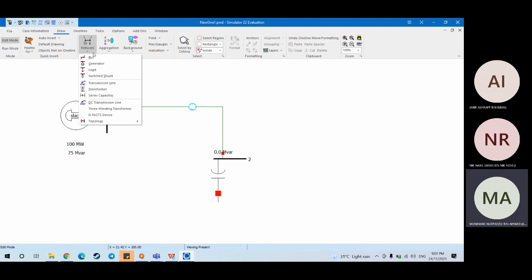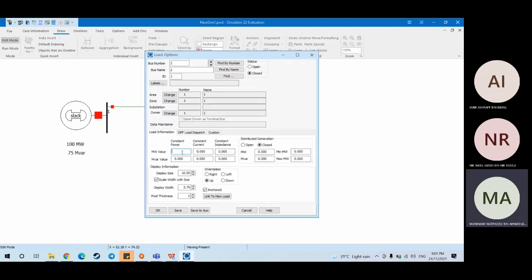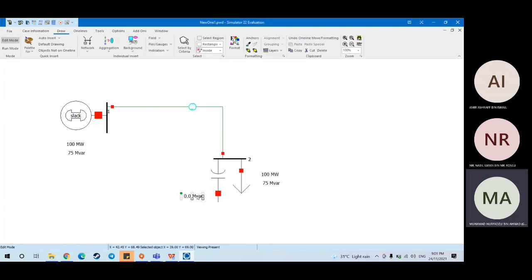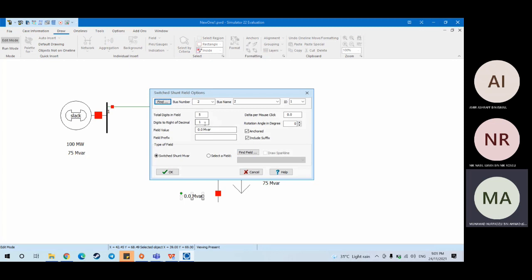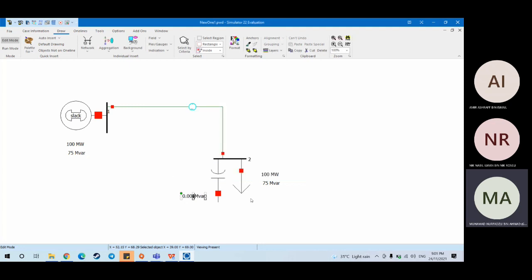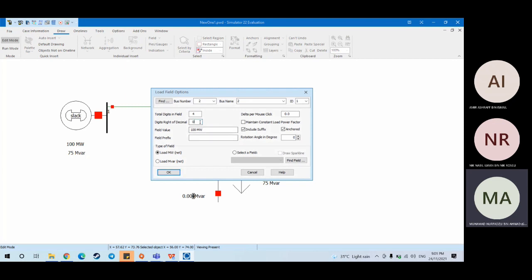So for the load, here we put 100 megawatt and 75. The value here we change it to 1. Same with this, 1.